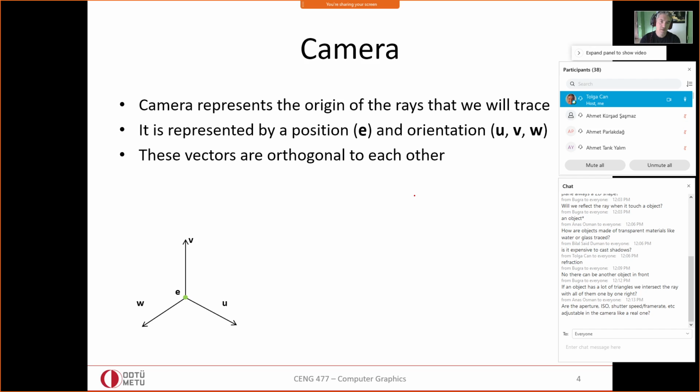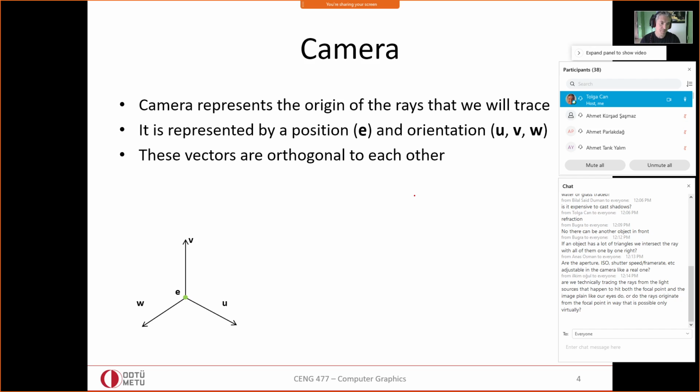The things like ISO, for example, the amount of light that is collected at a pixel, we will not consider. I think the adjustable one is aperture, maybe, but I'm not familiar with photography that much, so I may be misleading you. But we will not consider these real camera parameters.